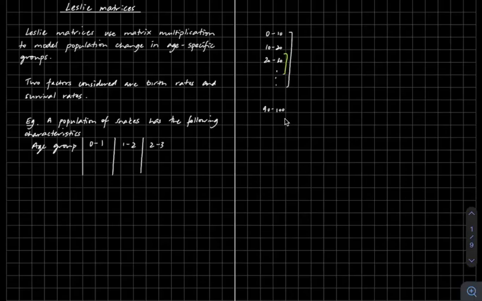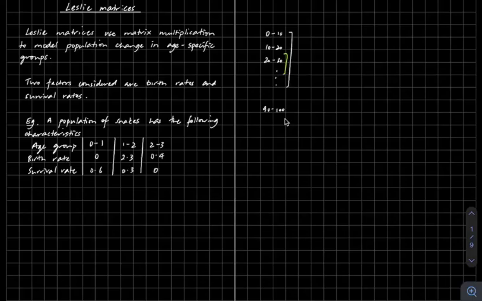And so we're assuming that no snakes live beyond that age. So birth rate, survival rate. And so the figures that we'll choose in here will say, well, no snakes in that age group produce. 2.3 is the birth rate there, 0.4. Like I say, I've just grabbed these figures from one of the examples.